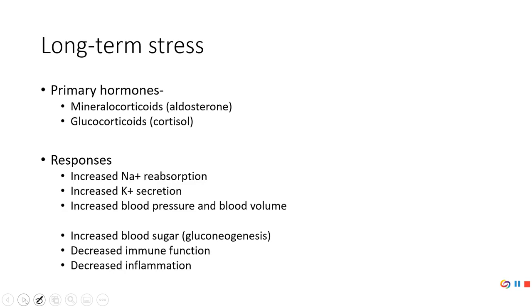And what they do is they cause us to hold on to salt. Okay, and when we hold on to salt, that means we're going to hold on to water, which will increase blood pressure. We're also going to increase our blood sugar through cortisol, but this comes at a cost. We're not going to be able to have the inflammatory response. We're going to have decreased immune function, and so there's a trade-off there. And this is oftentimes why we get sick when we're stressed out.